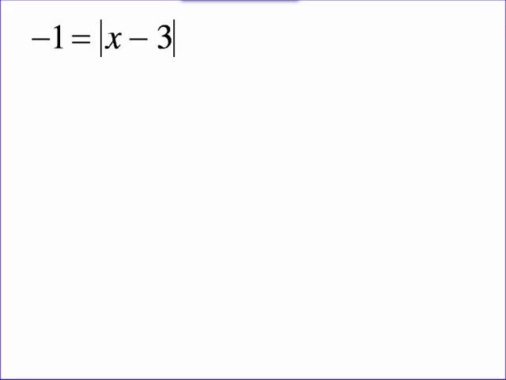Okay. How do you solve this one? Plus or minus 1? Change it to plus or minus negative 1.